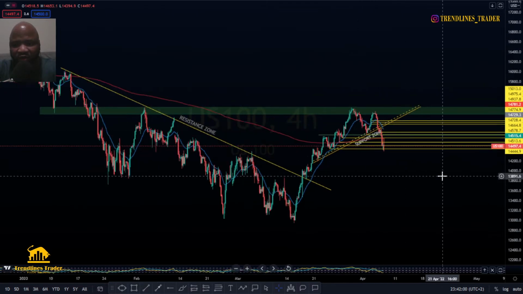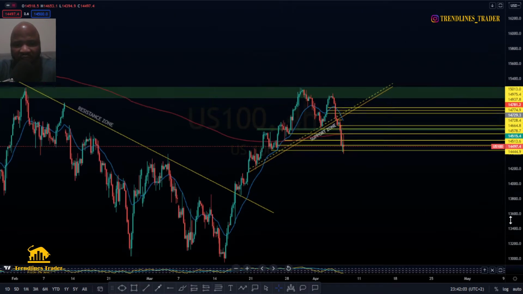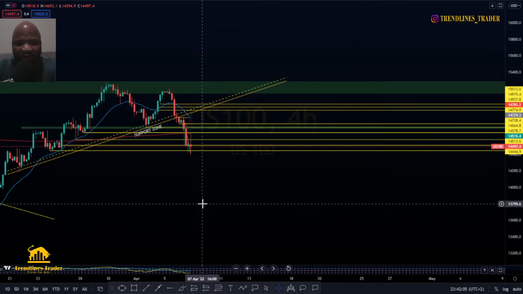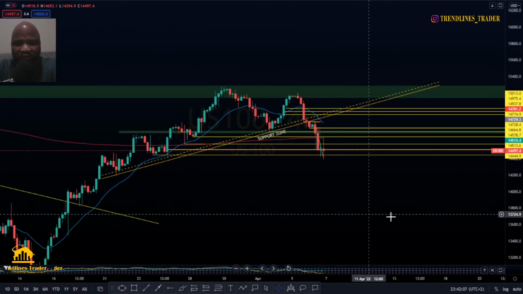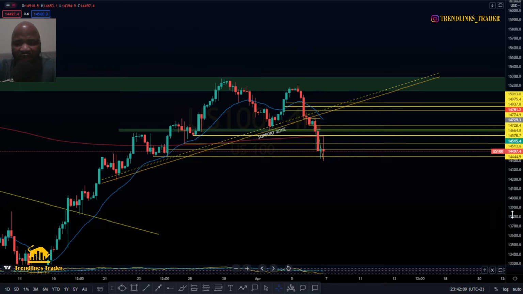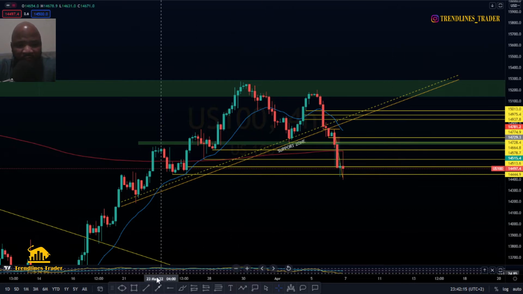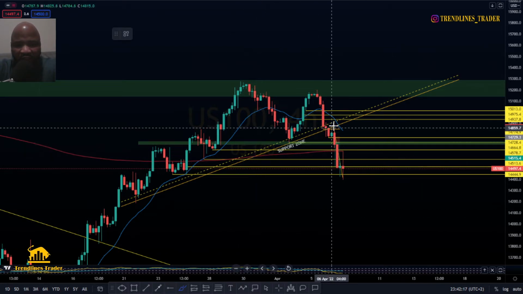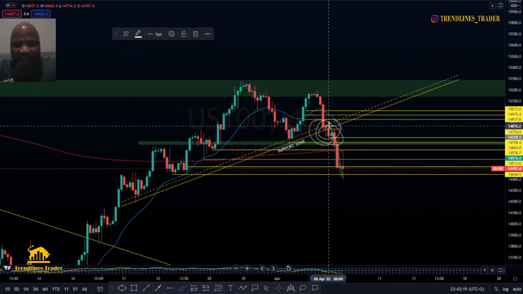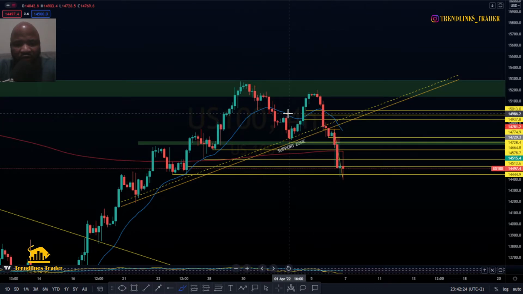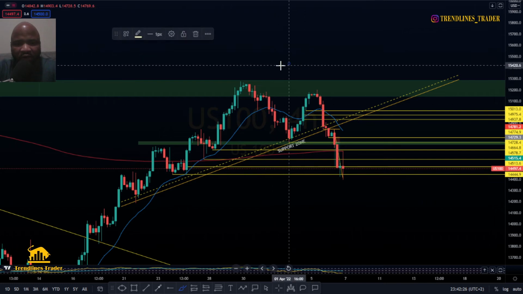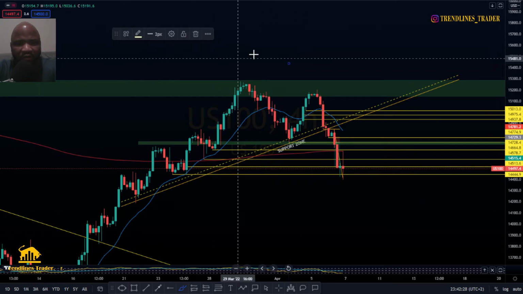So I want you guys to see something here as we are on the 4-hourly time frame. Look at this, the price broke out of this current diagonal support zone, and when the price broke right here, I hope this is more visible.